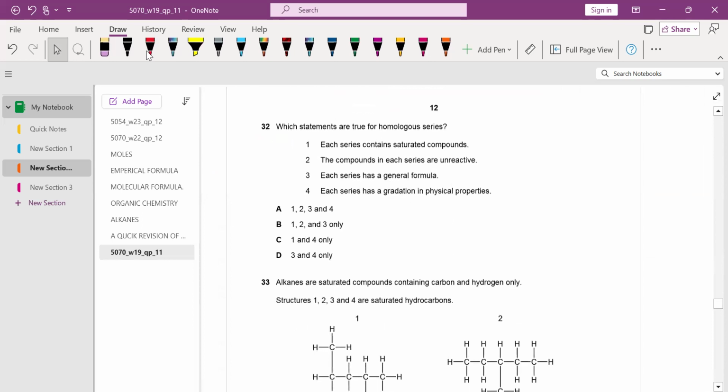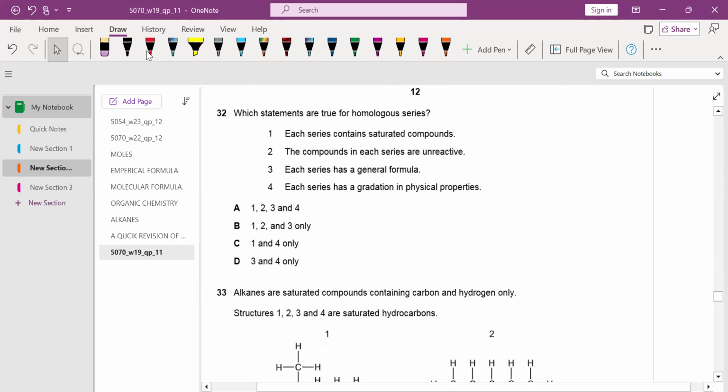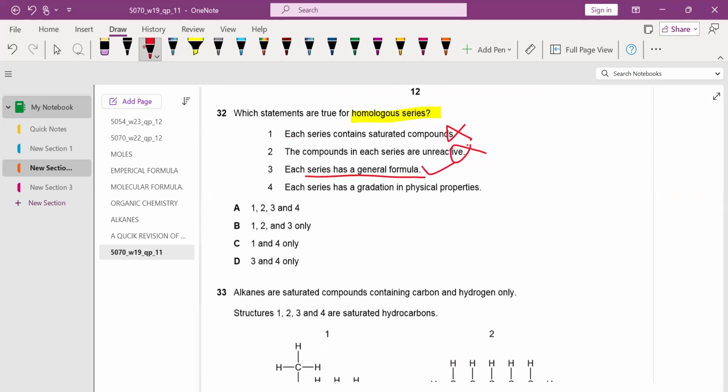Question number 32. Which statements are true for a homologous series? Each contains saturated compounds? No. The compounds in each are unreactive? No. Each has a general formula? Yes.